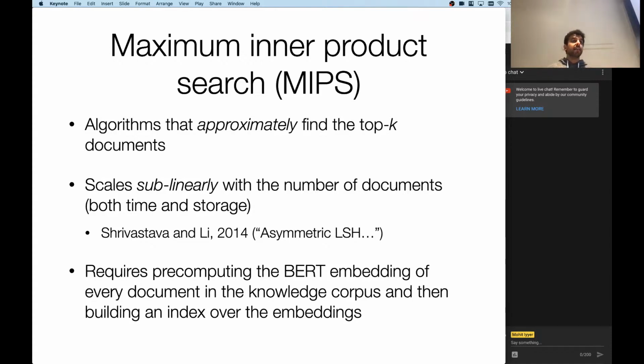One thing that we have yet to talk about, though, is that to compute the maximum inner product, you need to actually have an embedding of all of the paragraphs in Wikipedia first. So you need to run every passage in Wikipedia through BERT, get the CLS vector, and only then can you run this algorithm.